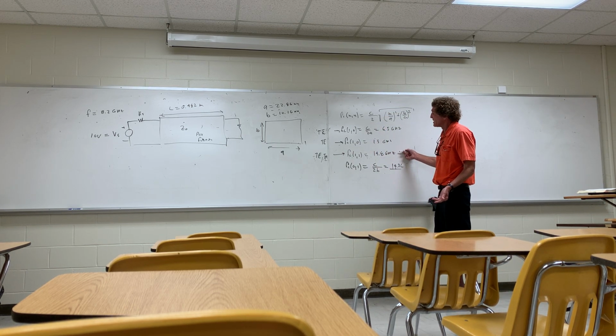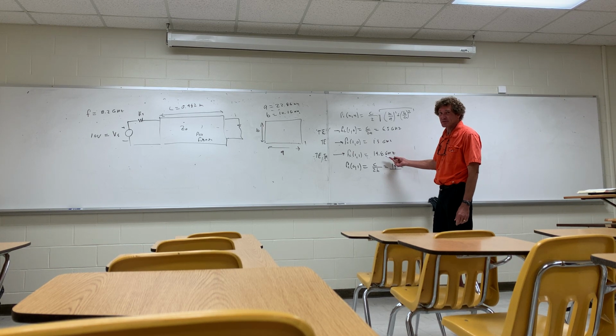They're close, but I guess the lowest order modes would technically be this, this, and this. All right. Actually, how come a is more than twice b? Did I do something wrong? No. 14.76, is that 14.8 on the nose?